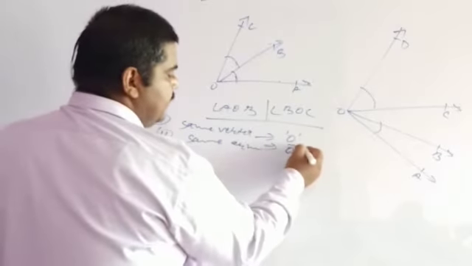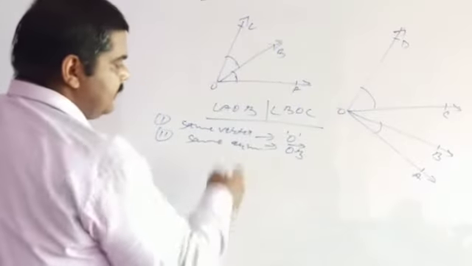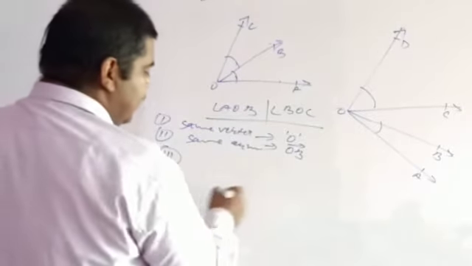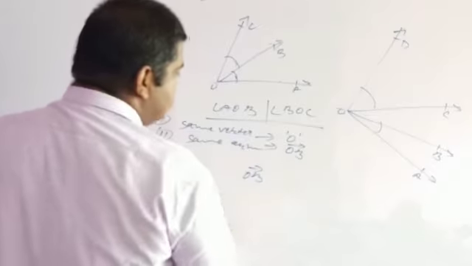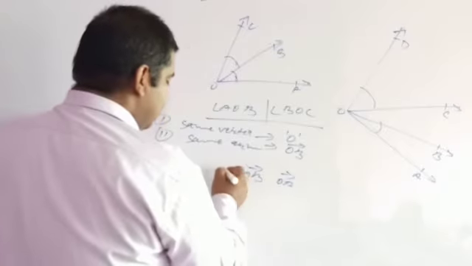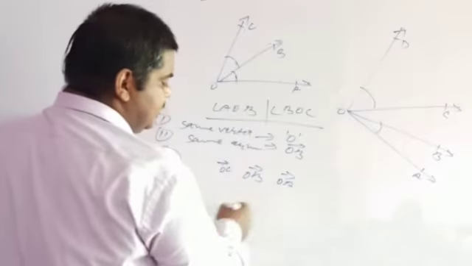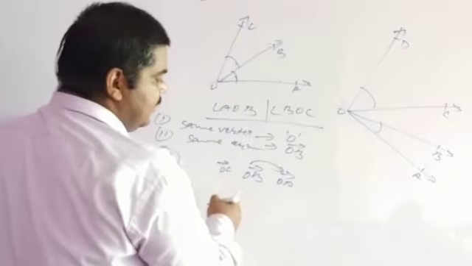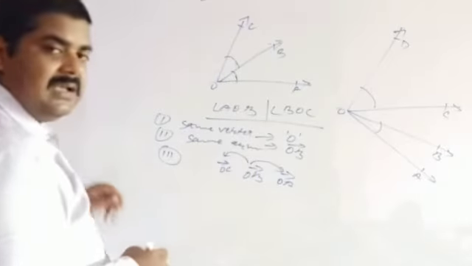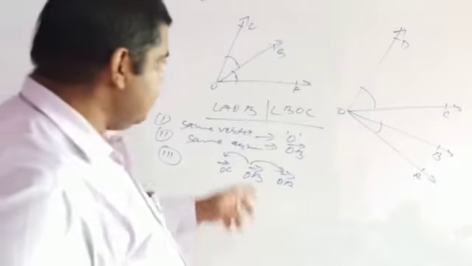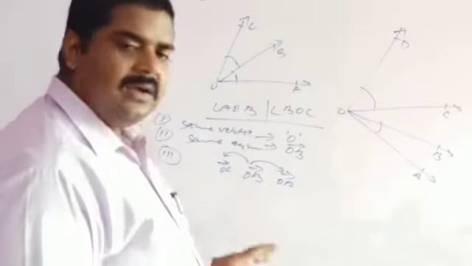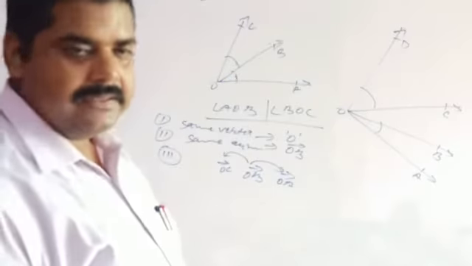Third, the remaining arms OA and OC lie on either side of this common arm. This is why these two angles are adjacent angles.